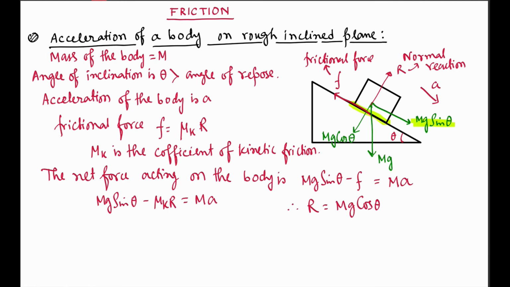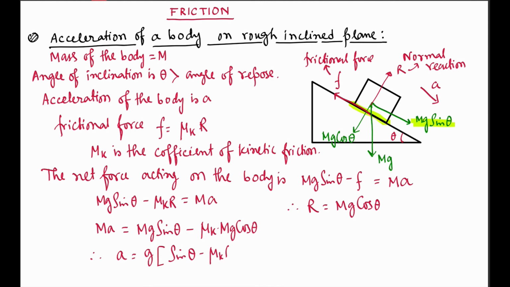So, ma is equal to mg sin theta minus mu k into mg cos theta. Therefore, the acceleration of the body is g sin theta minus mu k cos theta.